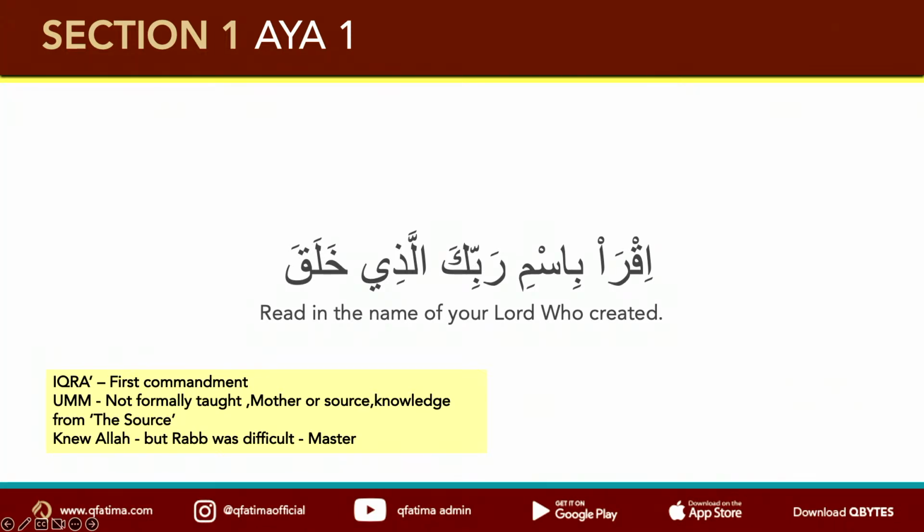That was the first commandment, and it changed the life of absolutely everyone. Iqra literally means 5 things: read, internalize, understand, apply, and teach. It's not just, as in the Khoja language we say, pare and pare and pare. It's not just read and read and read. Iqra has a completely different connotation.